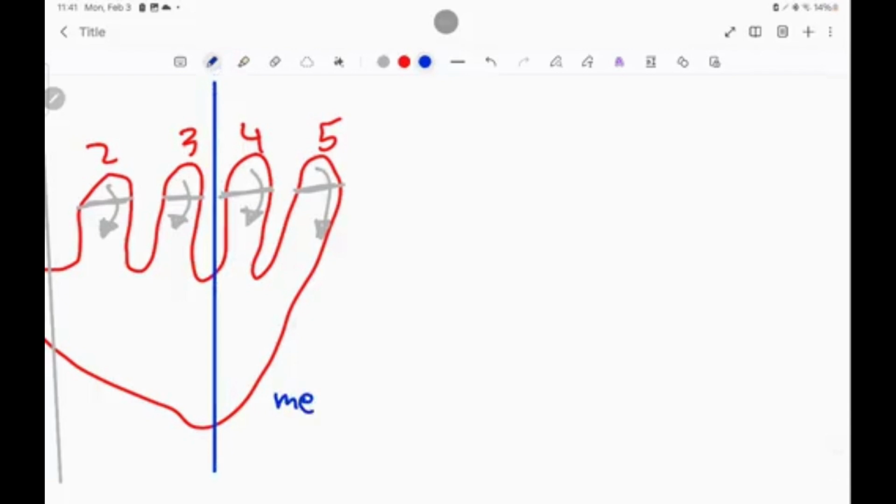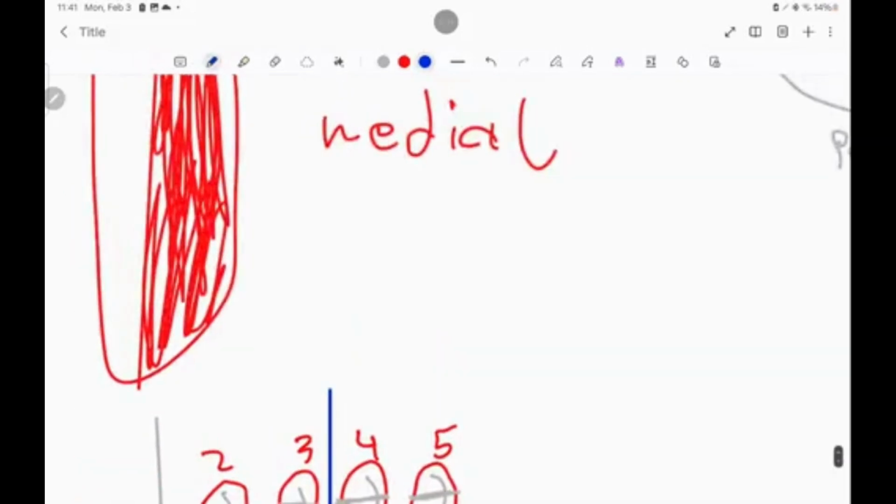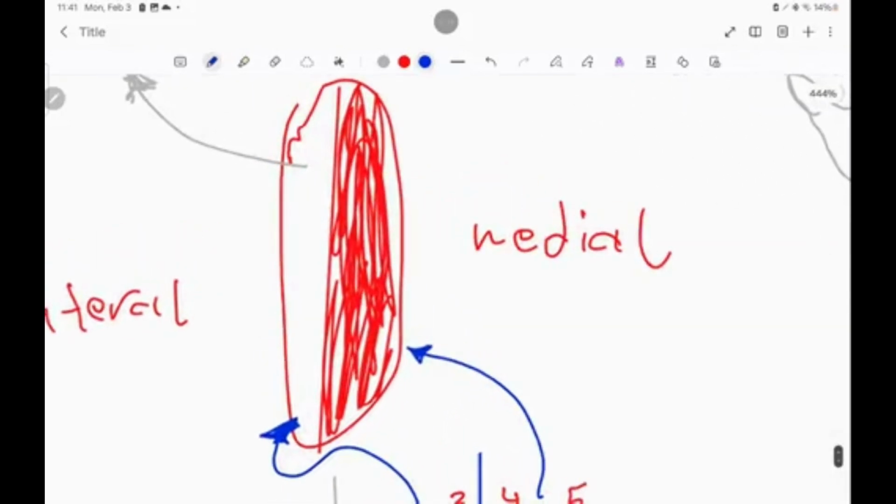This is medial, this is lateral. So what will happen? Fingers 2 and 3 will not be affected because they correspond to the lateral side of the muscle. However, 4 and 5 will be injured because they correspond to the medial side. We said medial side, ulnar nerve.